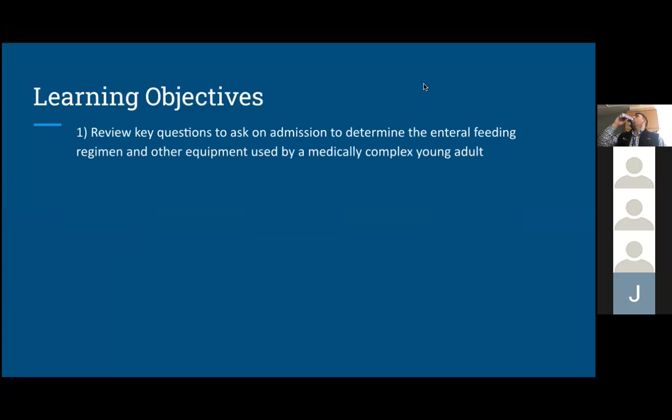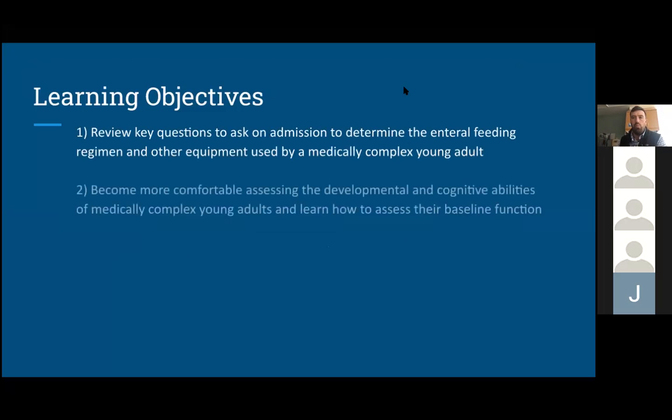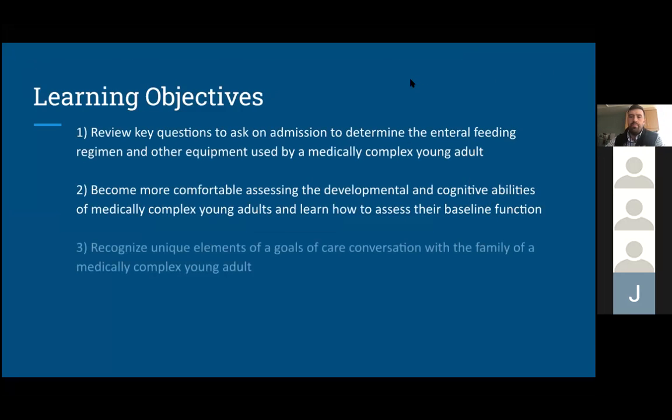This is going to be one of several lectures in this series, but our learning objectives today were to talk about key questions to ask when you're admitting a patient who has a medically complex history and is a young adult. We also want you to become more comfortable assessing the developmental and cognitive abilities of complex young adults.